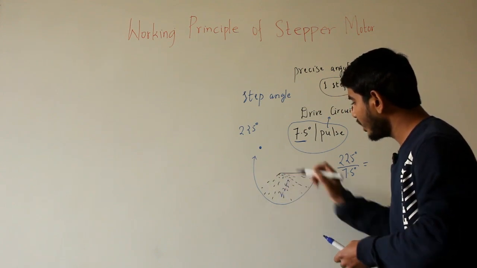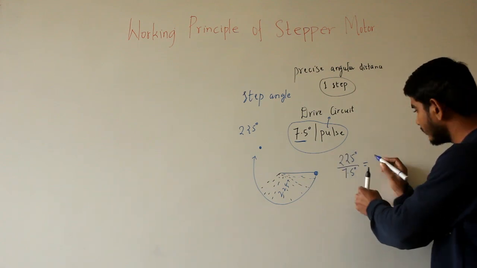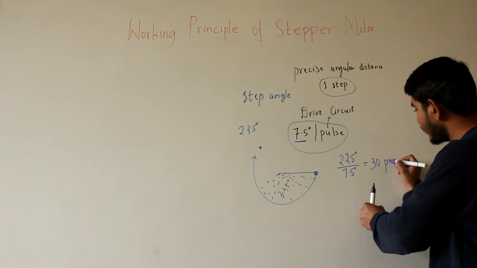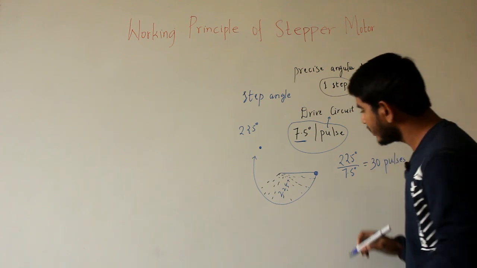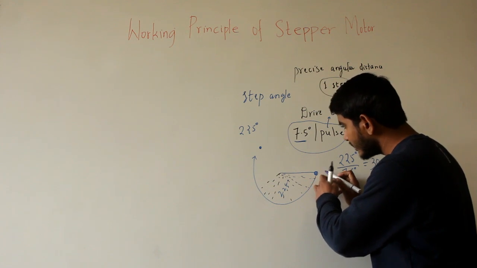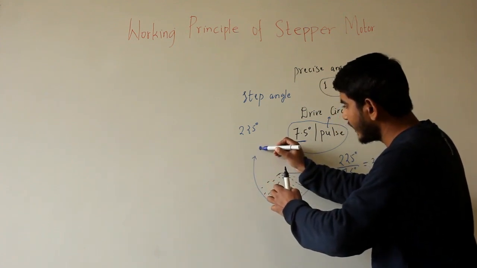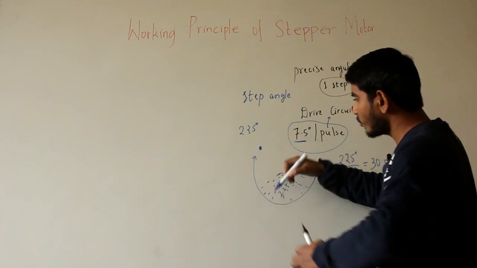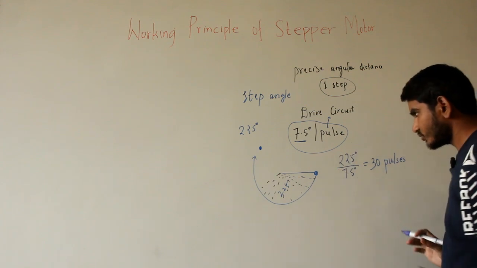This can be obtained by dividing 225 by 7.5, which gives you 30. So 30 pulses should be given to the drive circuit so that the object can be placed at the required position.